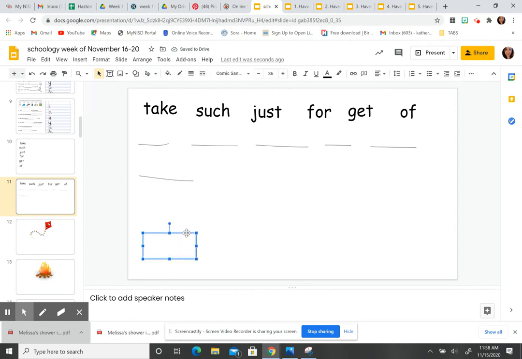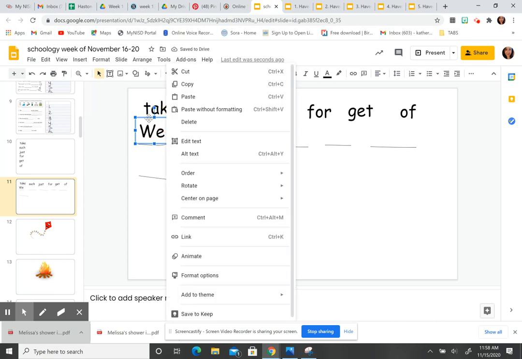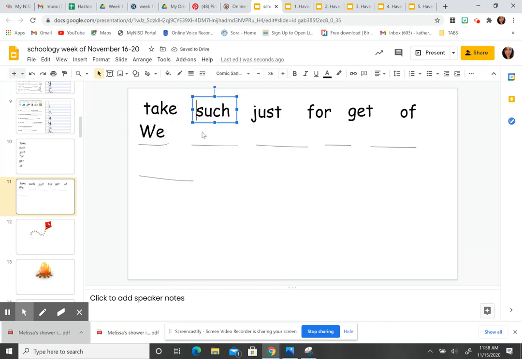Okay, so we're going to go ahead and start writing our sentence. We're going to think about our first word, which was the word we, and we are starting a new sentence. And so we've learned that we start our sentence with a capital letter, W, we. And then our next word is the word had. So we need to think about had.